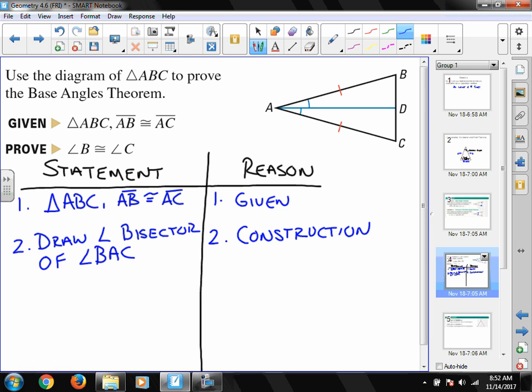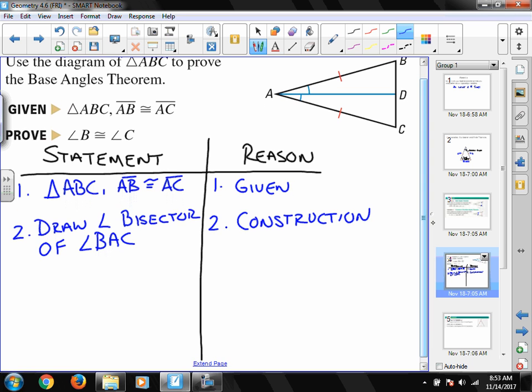So that's what we're going to do next, so that we can say next that angle CAD is congruent to angle BAD.